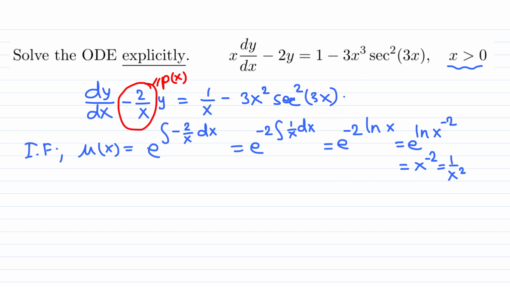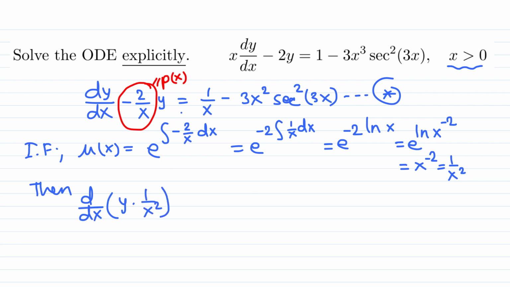Okay, now we multiply this linear ODE in standard form by the integrating factor, 1 over x squared, throughout. When we multiply throughout, the left hand side becomes the derivative of the dependent variable y times the integrating factor.